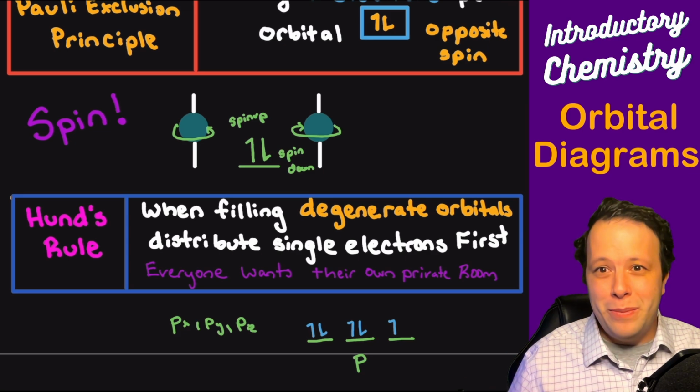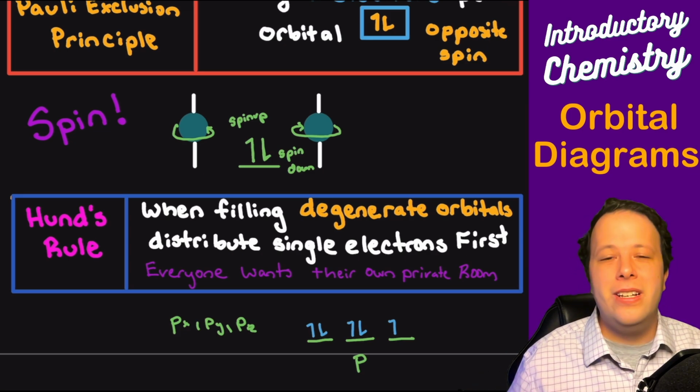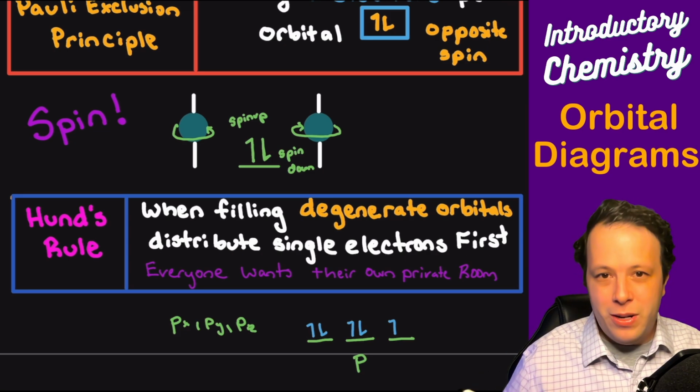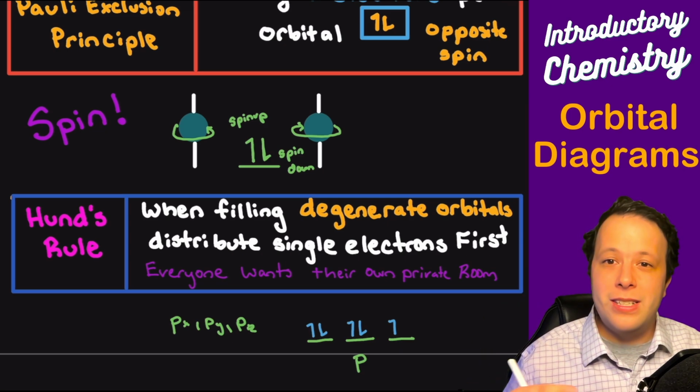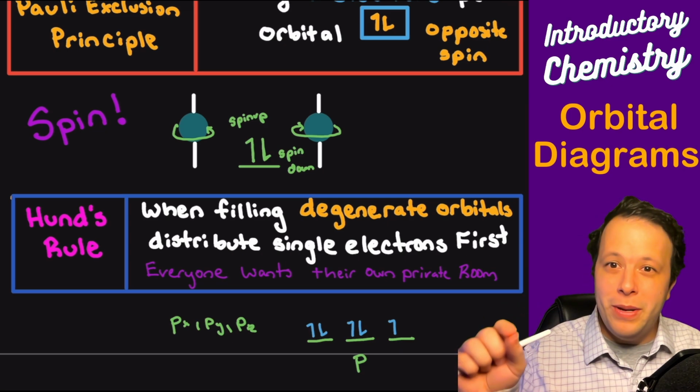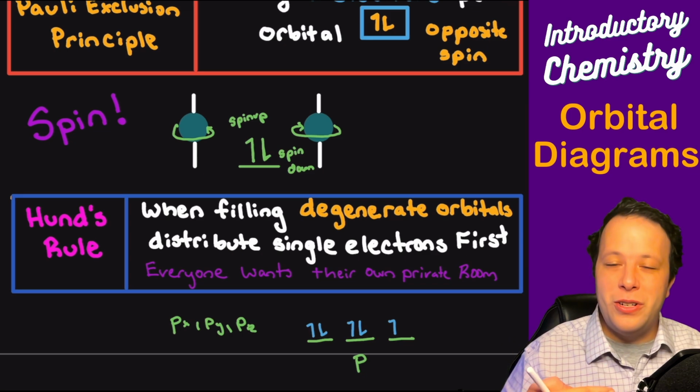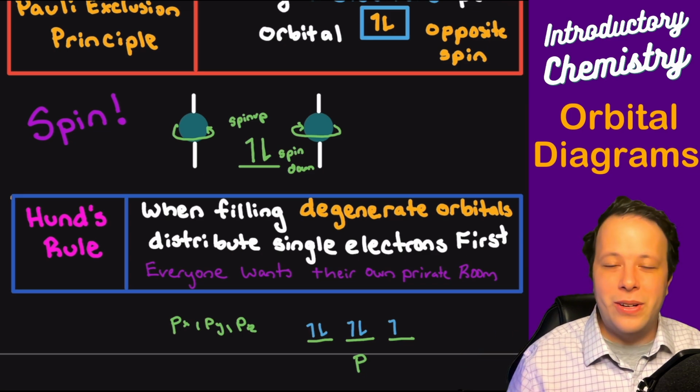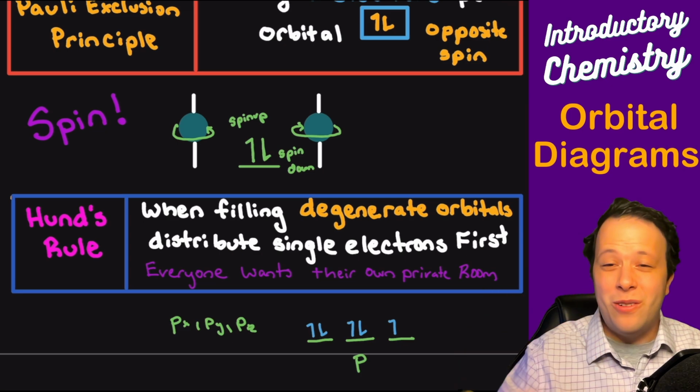Then you start doubling people up when you run out of space. So when it comes to the p orbital, you can only fit up to 6 electrons, but you're going to start putting somebody in each bedroom first before you start filling up everything. Okay, and once you've run out of room, you then go to the next floor and start filling that up as well.